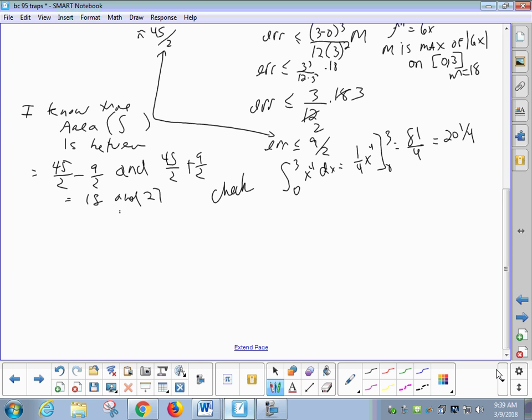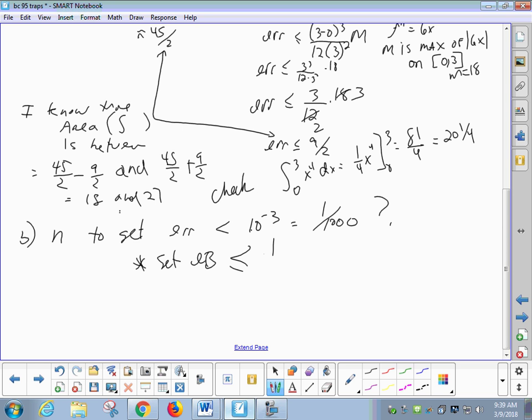So if the question would be the number of trapezoids to get error less than 10 to the negative third, which is 1 over 1,000, then that goes to a little bit of solving the error bound. I know the starting point is you set the error bound less than or equal to 1/1,000.